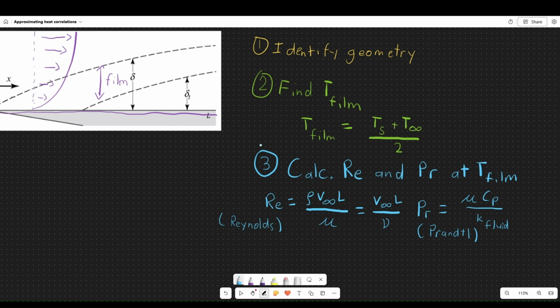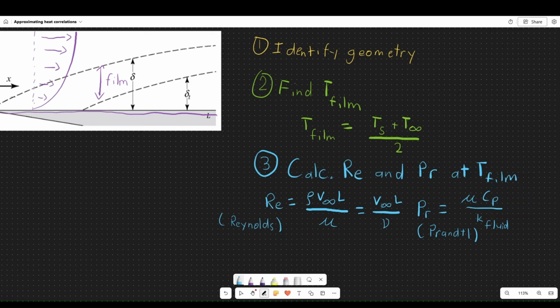And if you want to intuit what the Prandtl number means, it's basically comparing, okay, how well does the fluid dissipate momentum versus how well it dissipates the heat. So it's momentum diffusivity divided by thermal diffusivity.